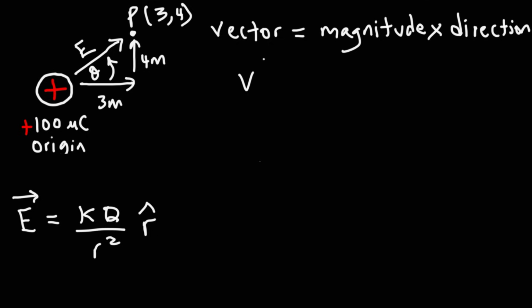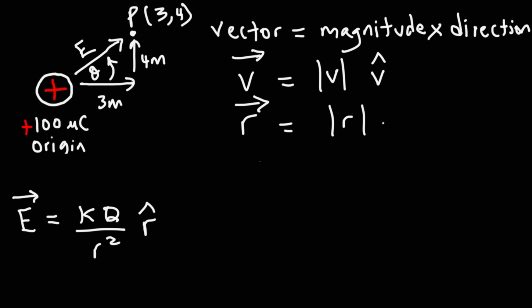So the vector v, for instance, can be written as the magnitude of the vector times its direction, which will be v hat. The position vector is basically the magnitude times r hat.